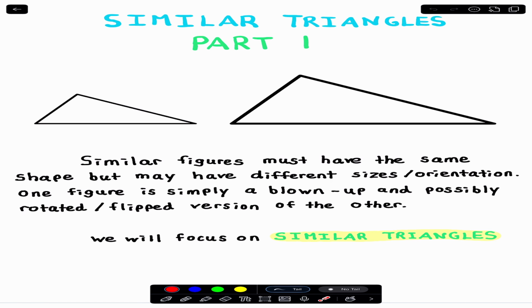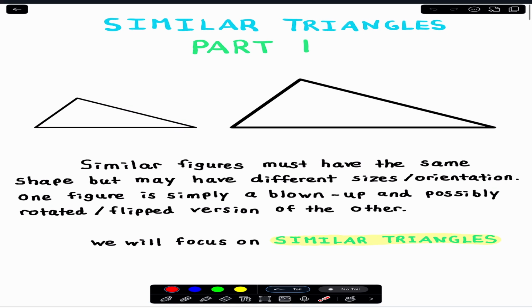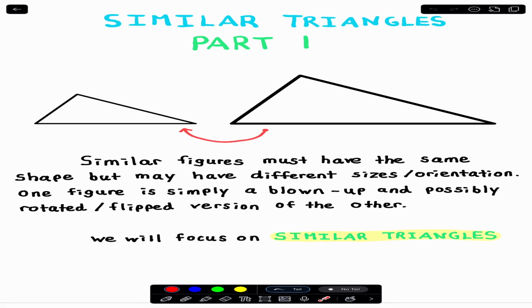As you can see in this diagram up above, we have 2 triangles, and these 2 triangles are actually similar to each other. And we're going to show how to prove that later on. But you can see they do have the same shape. They're just a different size.